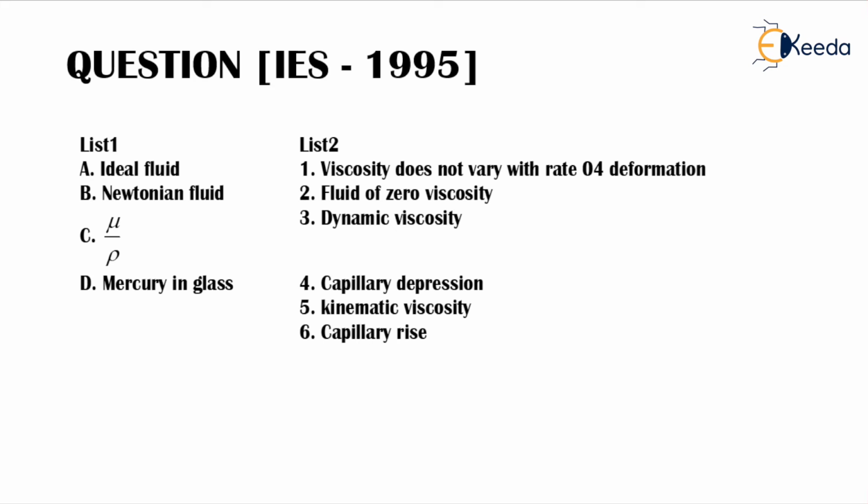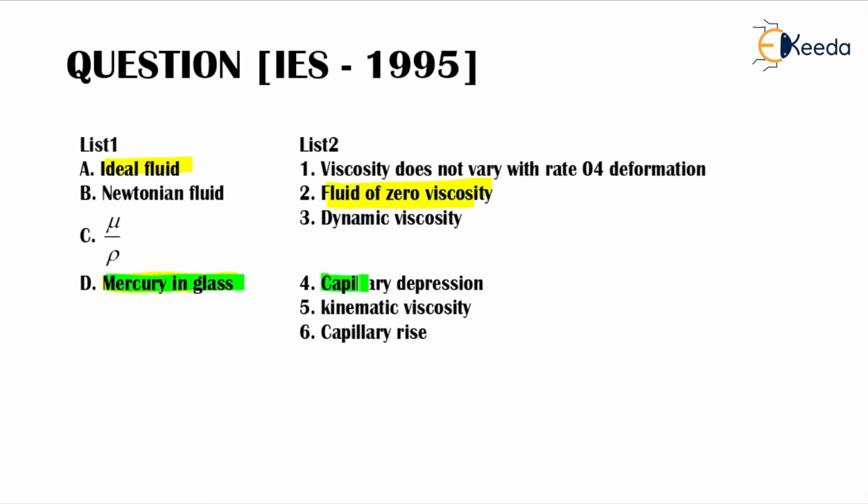Next is again ideal fluid. What do we know by ideal fluid? Ideal fluid is a fluid of zero viscosity. Now, mercury in glass is basically capillary depression or rise.